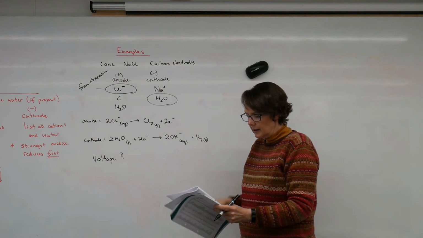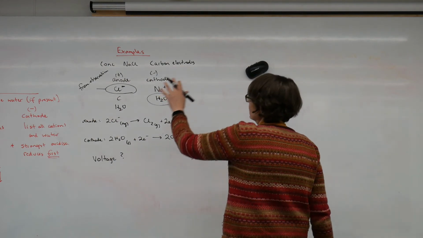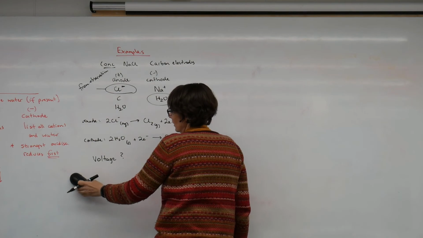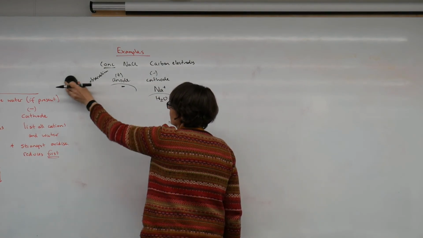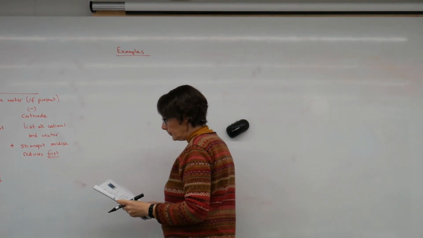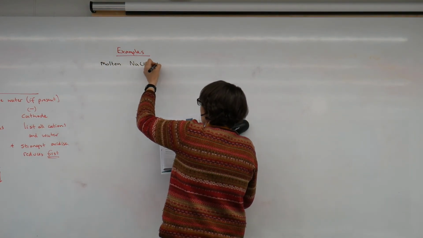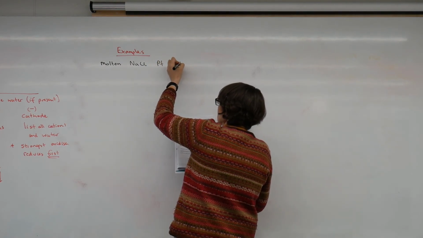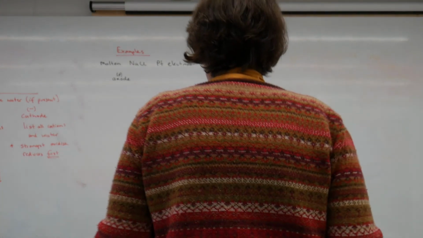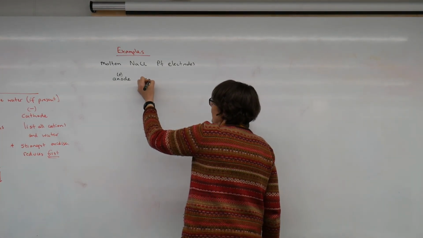There's one more condition that we should talk about. So this is for concentrated solutions, but they're still in solution. Okay? Now we're going to look at if they're just molten. This is obviously very high energy. So if we have molten sodium chloride and platinum electrodes, so for the anode, for our molten sodium chloride with platinum electrodes, we have our anode and cathode.